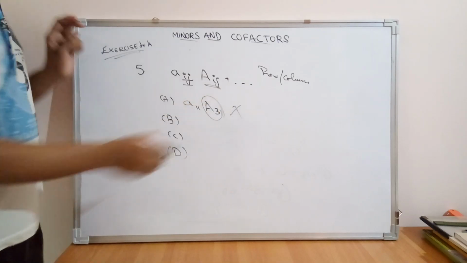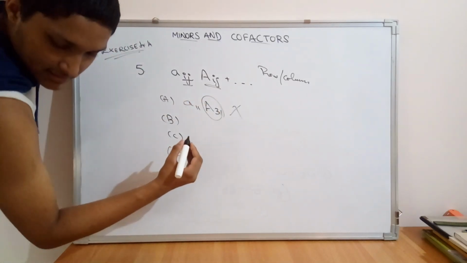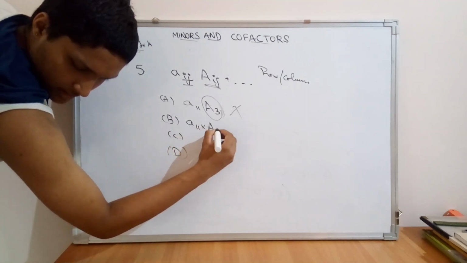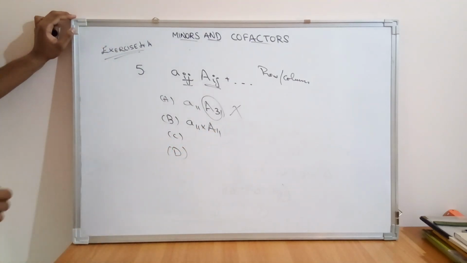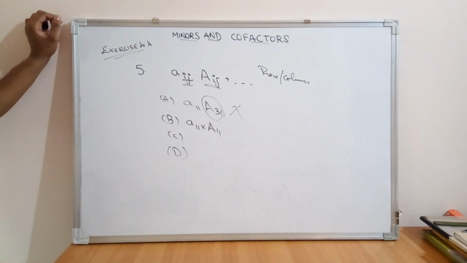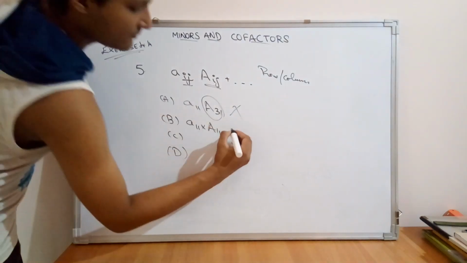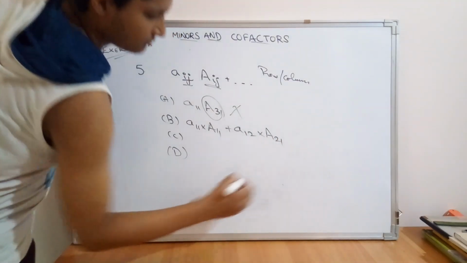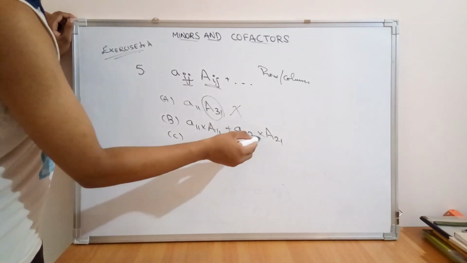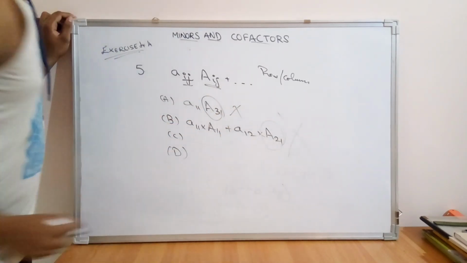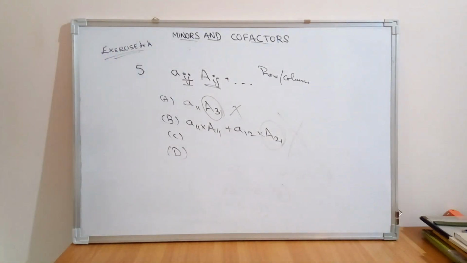So this cannot be the determinant. Next we have A11 into A11. Okay, maybe that is correct. We'll take the second term now. The second term says A12 into A21. Okay, so this is not the corresponding cofactor. Therefore, this also cannot be the particular thing.